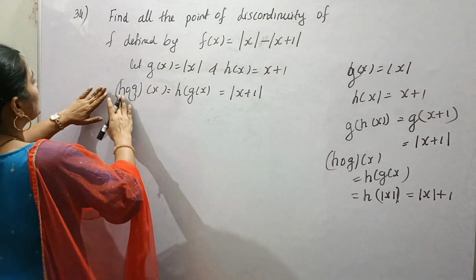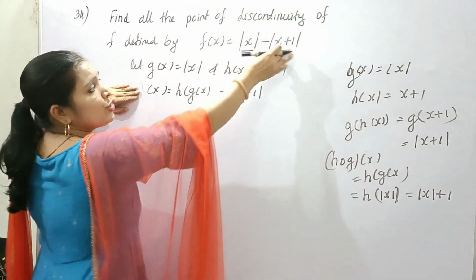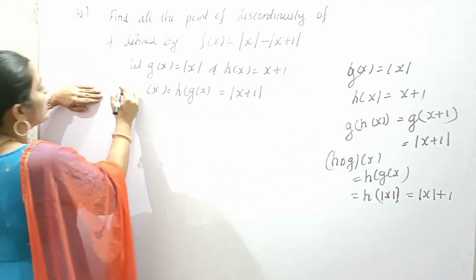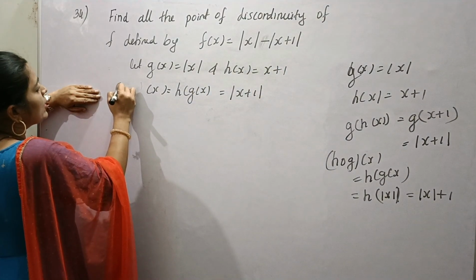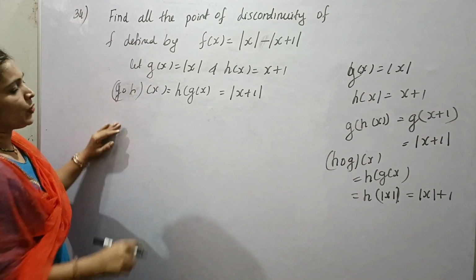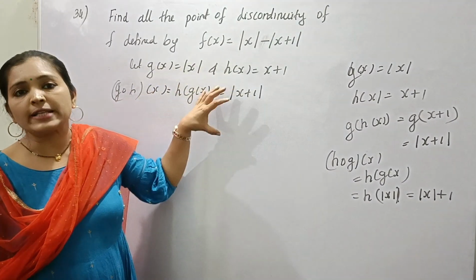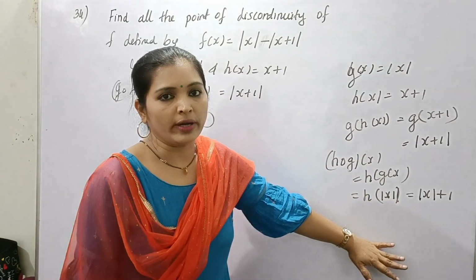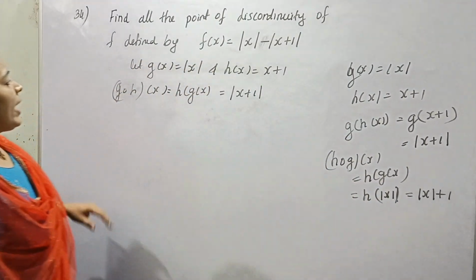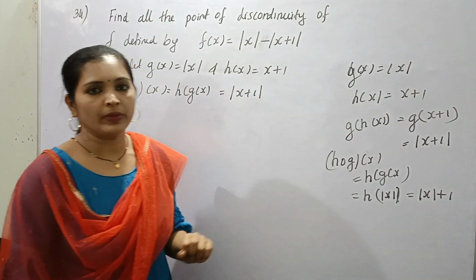So here we need to check the continuity of |x + 1|. So we will take g composite h, not h composite g, because we need |x + 1|, not |x| + 1. So here we have got g composite h of x is equal to |x + 1|.